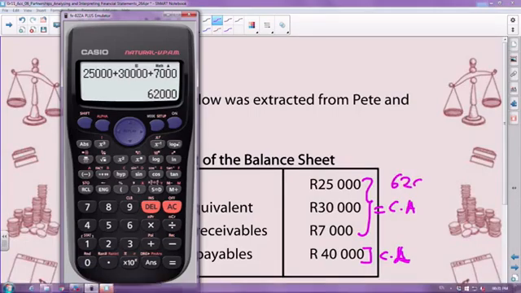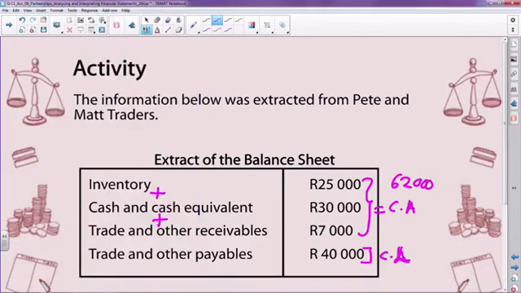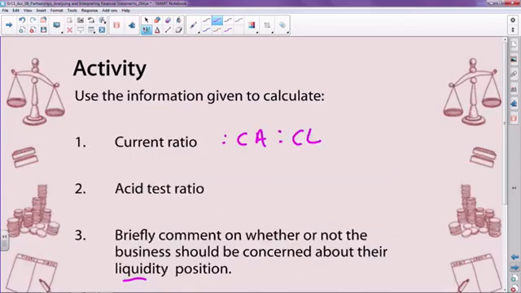Let's just write that down. Current liabilities: trade and other payables, there's just one amount, and my current liabilities is an amount of 40,000. Let's take that information through to our answer sheet. Current assets, 62,000, and my current liabilities, an amount of 40,000.